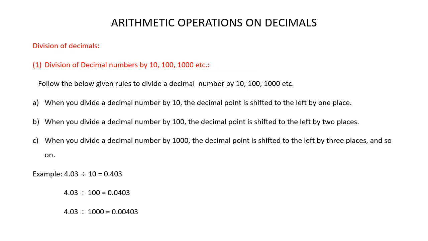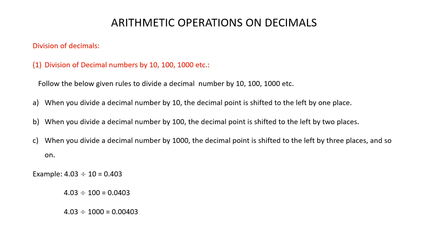Now let's learn about the division of decimals. Division of decimal numbers by 10, 100, 1000, etc. You have to follow these rules to divide a decimal number by 10, 100, 1000, etc. When you divide a decimal number by 10, the decimal point is shifted to the left by 1 place.